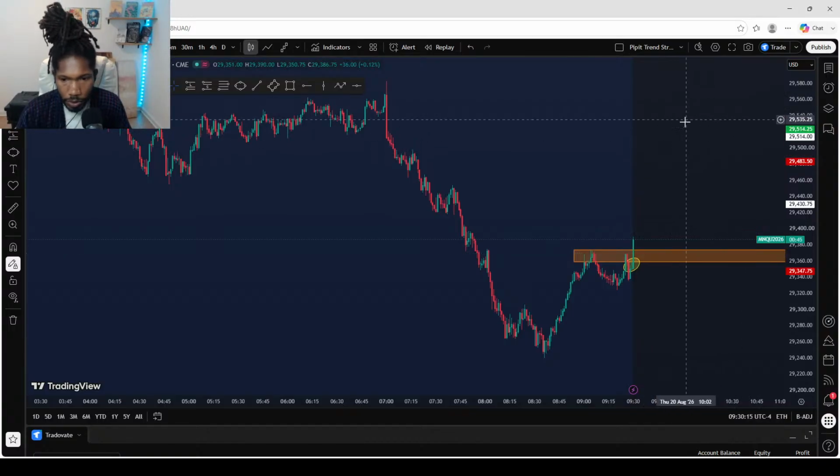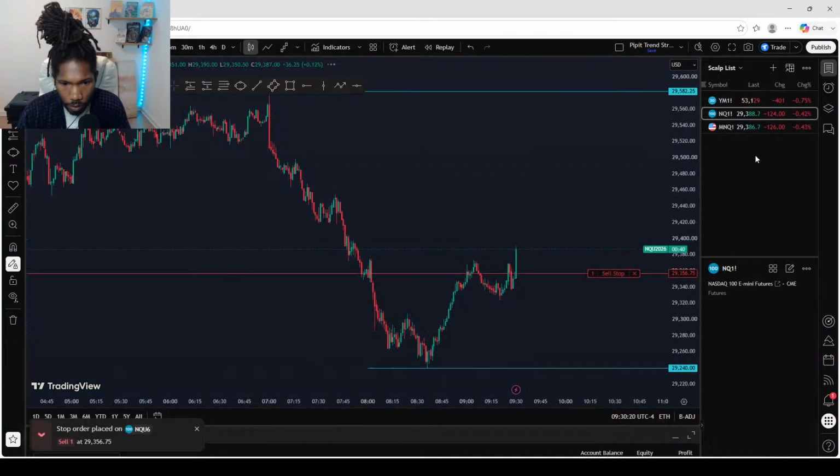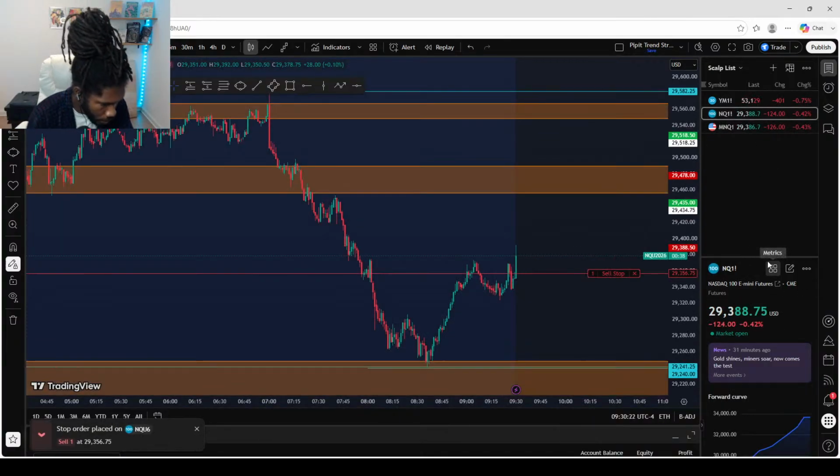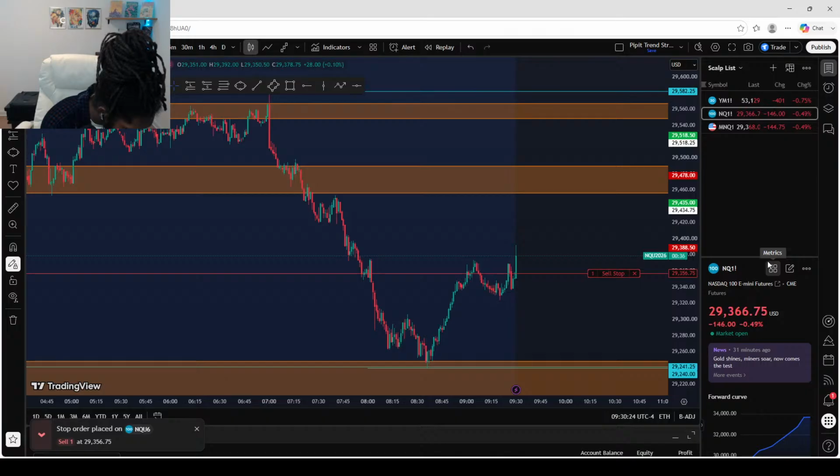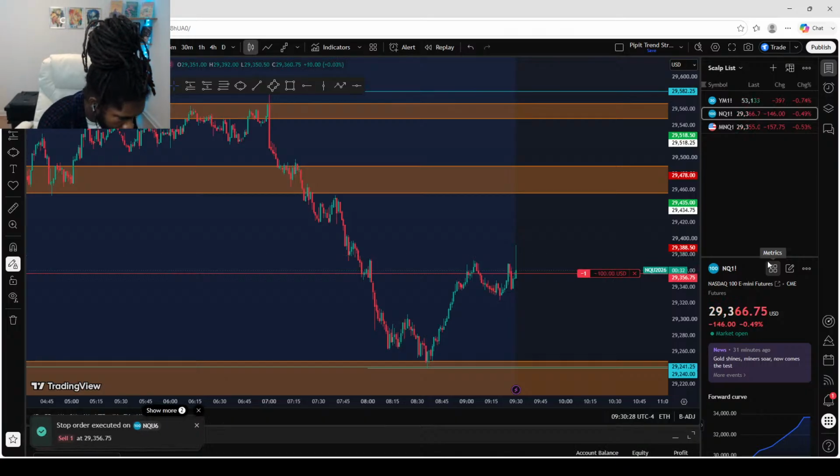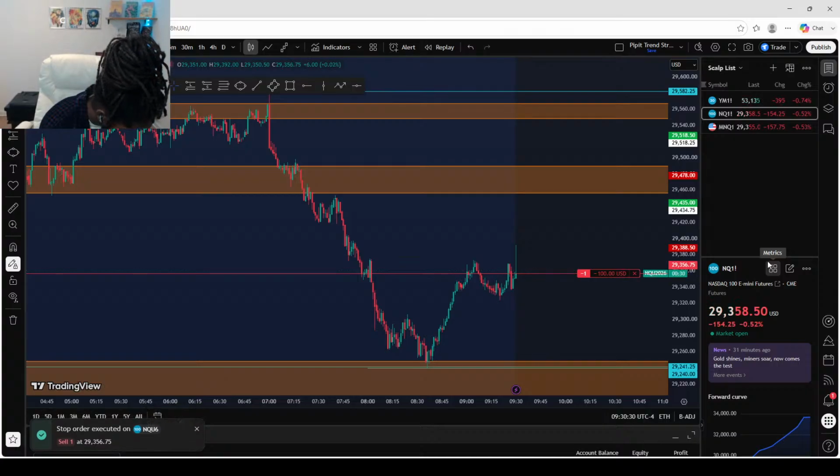I have a sell stop set up. Let's get back over to NQ. Do have a sell stop set up right here. And we are in the market. Stops just above this.